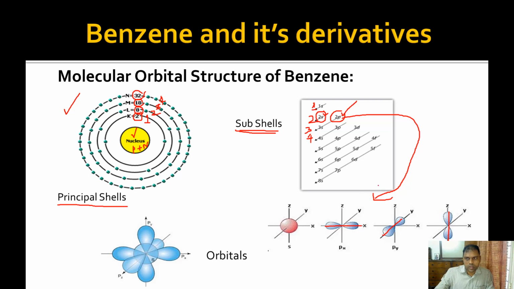And the s orbital will be like this. These are dumbbell shaped orbitals. So you can put them together and it looks like this. And this is the shape of the s orbital. If you put them together, it is going to have a picture like this.